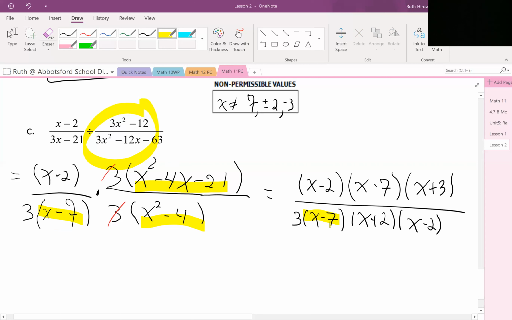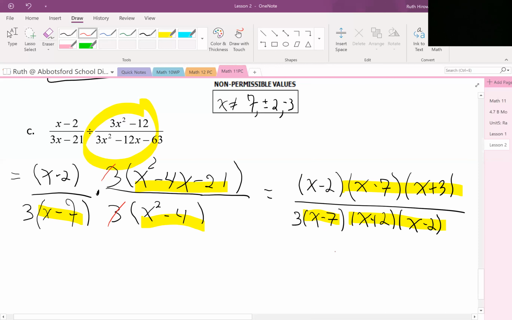This x squared minus 4 got factored here. This x squared minus 4x minus 21 got factored there. Okay, so what are the restrictions? X can't be 7, can't be plus or minus 2, can't be 7, already said it, can't be -3. This x minus 2 isn't a restriction, although it did come up back down there.